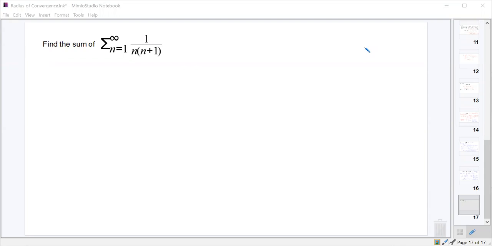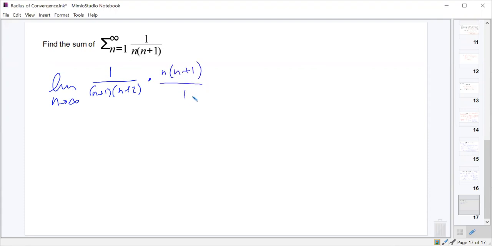The ratio test with this, it had all positive terms. You looked at the limit as n approached infinity of 1 over n plus 1 times n plus 2, and then that was being multiplied by n times n plus 1 over 1. And we would note that if we were to distribute all this out, we'd end up with the limit as n approached infinity of n squared plus n over n squared plus 3n plus 2.